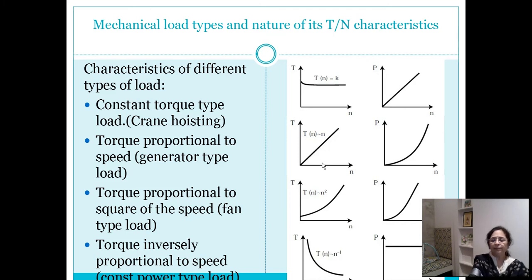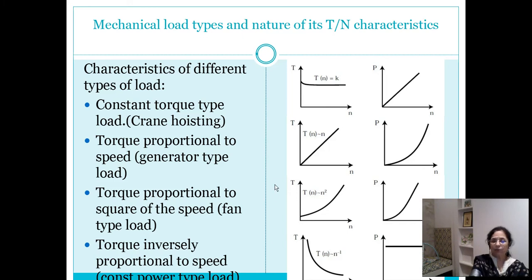So we must remember that the whole drive operation is mainly to cater the load. So we must understand the load requirements, and load characteristic becomes extremely important because how much load torque will be demanded by this type of load is depending on the characteristic.